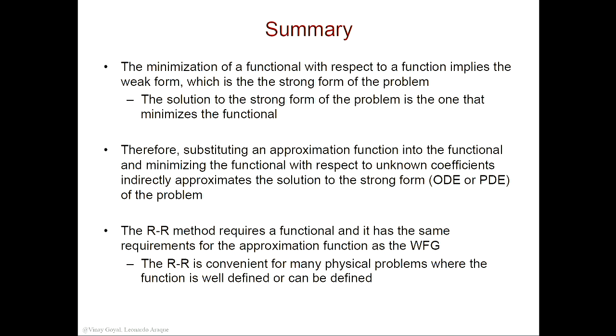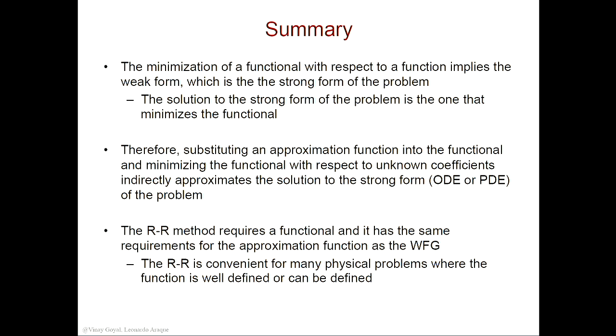And substituting the approximate solution into the functional, or the total potential energy in our physical examples, and minimizing the functional relative to those unknown coefficients gives us the approximate solution to the partial differential equation. They're connected. Minimizing the total potential energy gives you the weak form. If I start from the strong form and I weaken the continuity requirements, I get the weak form. They're connected through the weak form.